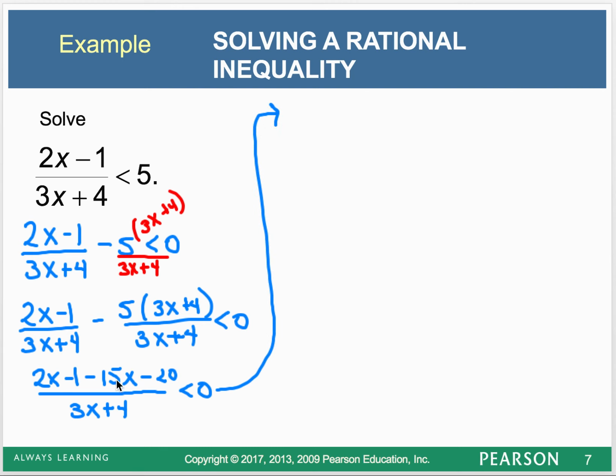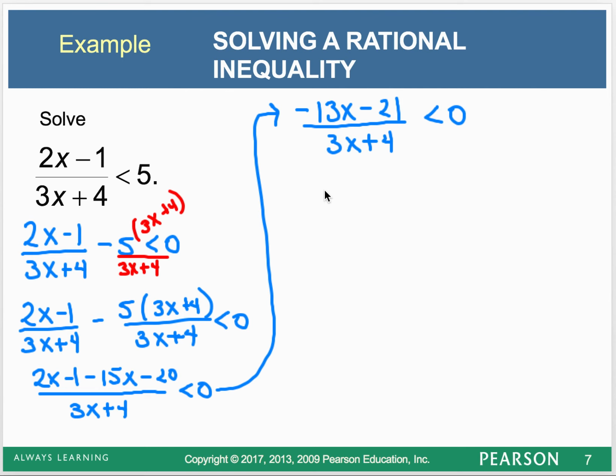So 2x minus 15x, we've got minus 13x. And then negative 1 minus 20, minus 21, all over 3x plus 4, less than 0.